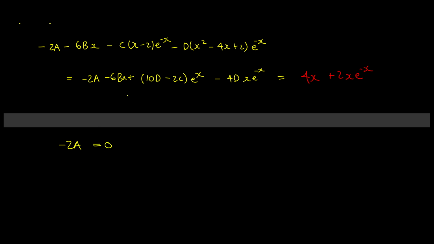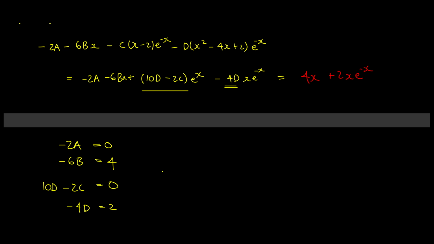We get negative 6b should be 4. Then 10d minus 2c, just this coefficient, should be equal to 0, since there isn't such a term on the right-hand side. And finally, the leading coefficient, negative 4d, should be equal to 2.